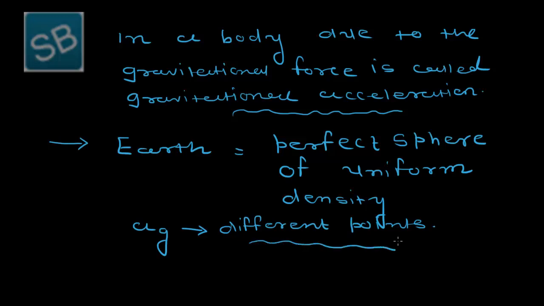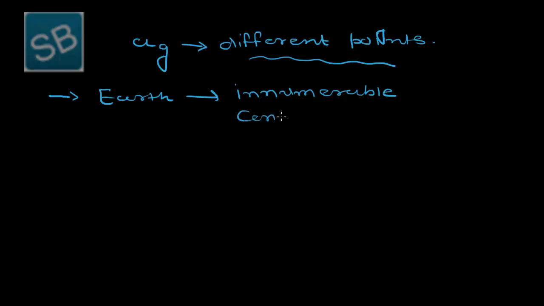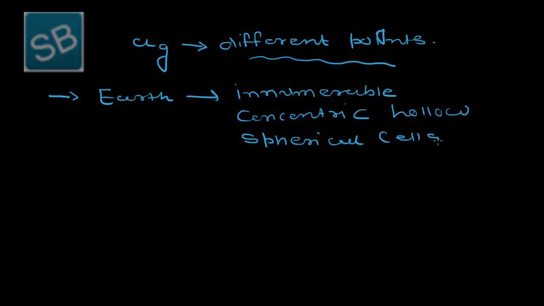This is our task. For that we can imagine the Earth is made up of innumerable concentric hollow spherical shells, so that we can now have the acceleration due to gravity at different points.